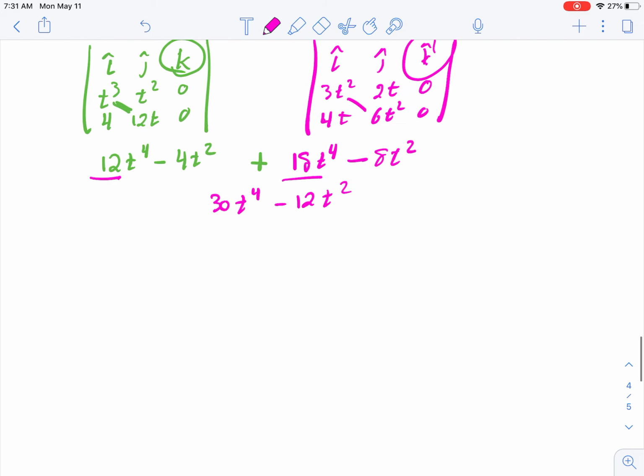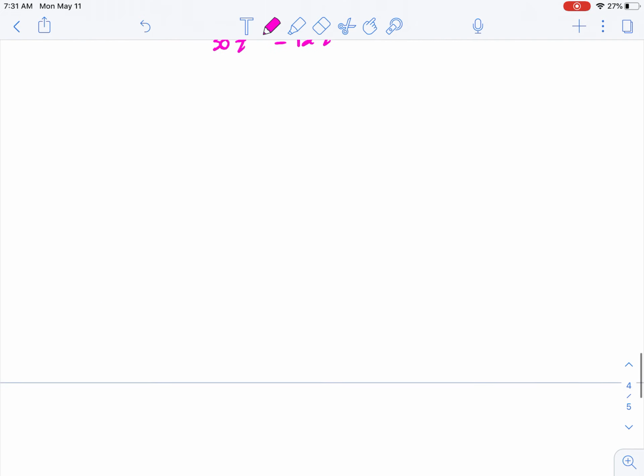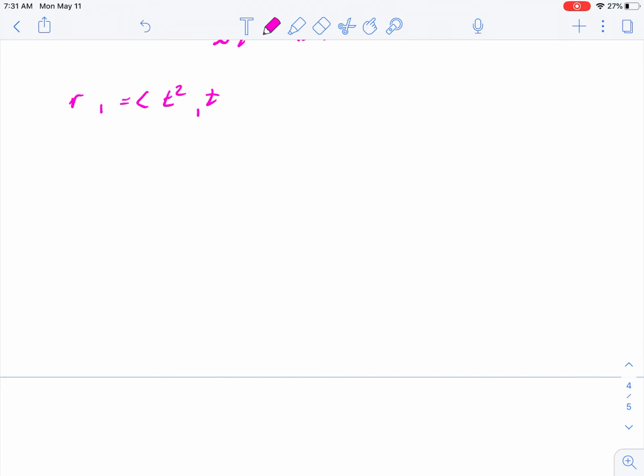Let's do a three-dimensional one. So say r1 is t squared, t, and 1, and r2 is 4t, 5, and 3t squared.